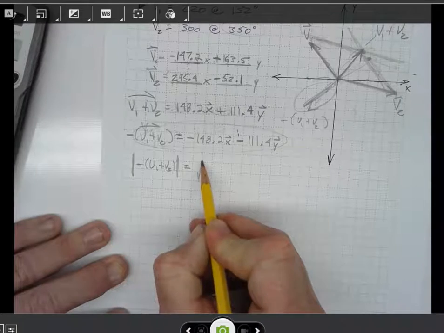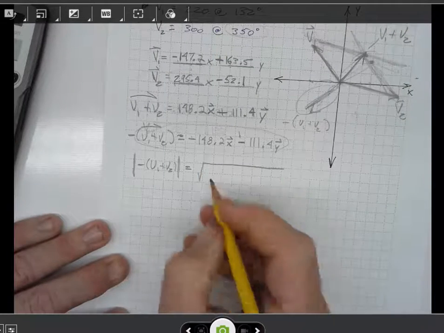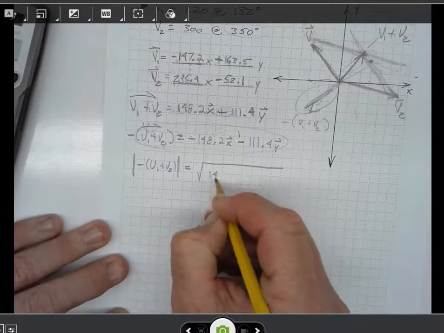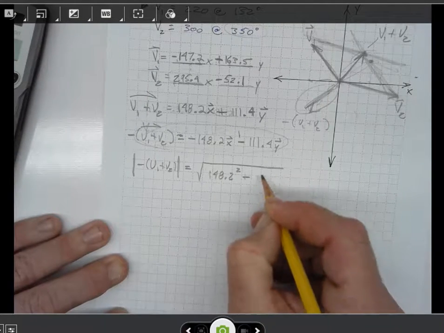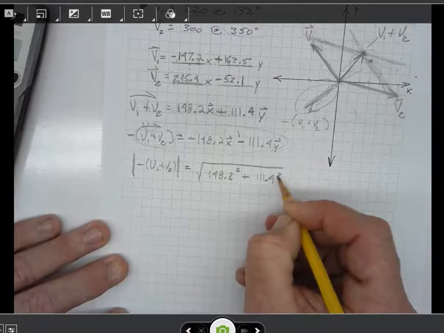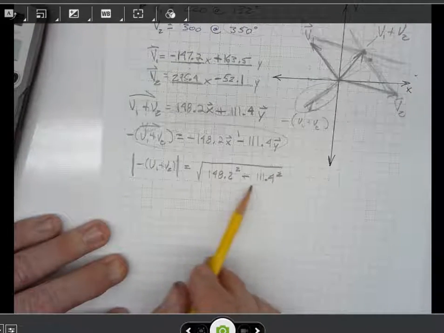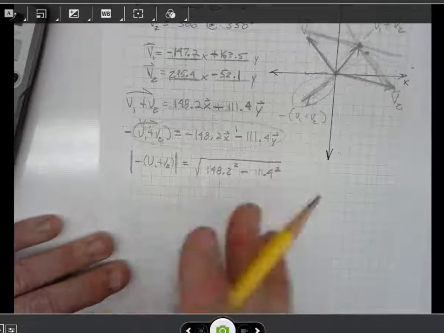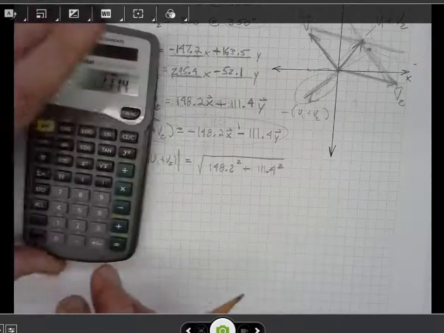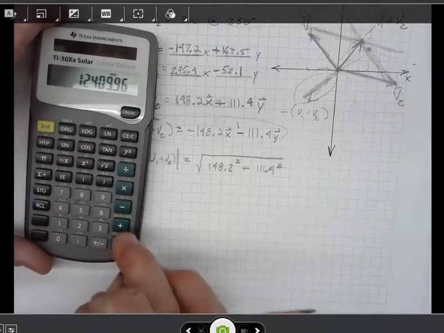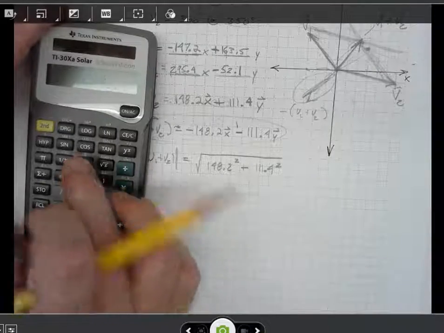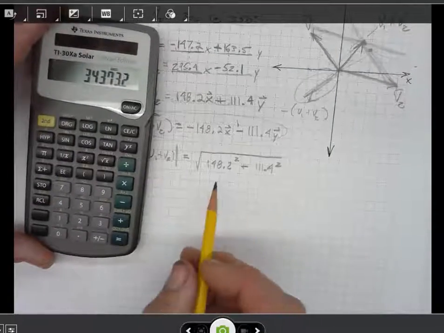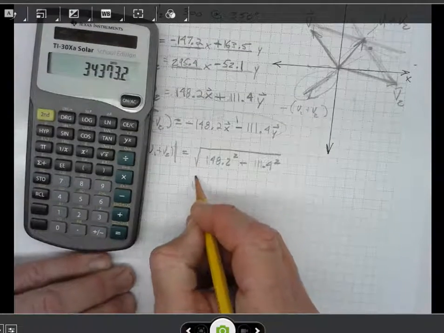We're just going to do the square root, basically the Pythagorean theorem, of 148.2 squared plus 111.4 squared. The x and y component squared and then added together. Ignore the negative signs. So it's going to be 111.4 squared plus 148.2 squared equals.